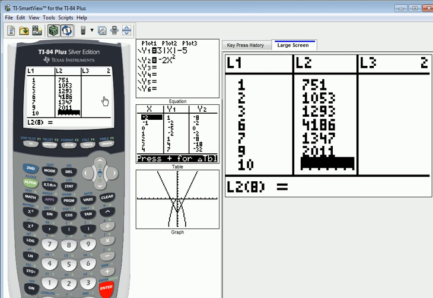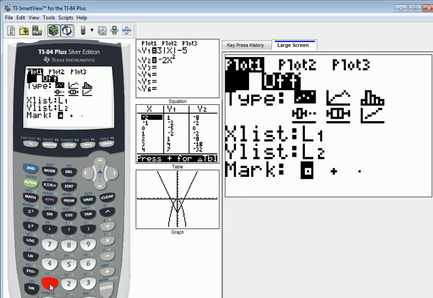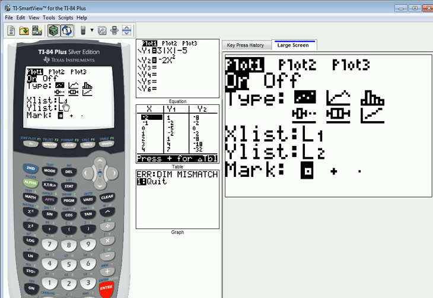Okay, so first thing we're going to do is we're going to graph this data. So if we hit second and Y equals, we're going to turn our stat plots on. So we'll go up to, if you have extra turned on, turn one of them off, but we're going to go into 1. I'm going to turn it on, so I'm going to highlight the on. I want a scatter plot, so there's a scatter plot. I put my data in L1 and L2. Now if yours is not showing L1 and L2, just hit second 1 for L1 and second 2 for L2.